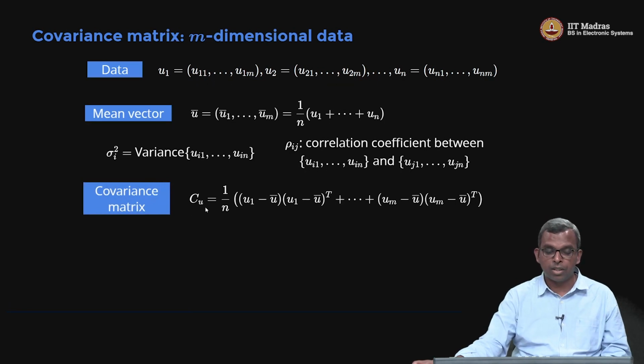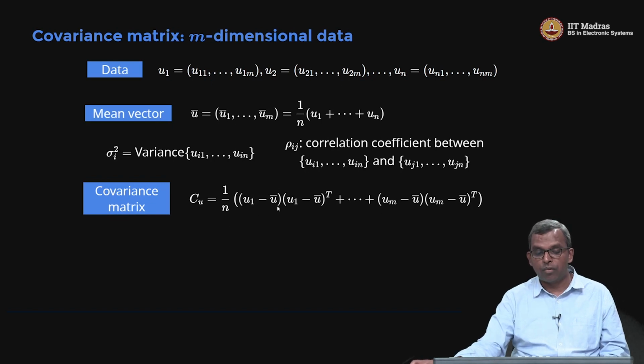The covariance matrix, which I am going to denote as Cu, okay, is going to be same as before, 1 by n times the sum of the centralized vector u1 minus u bar, think of it as a column vector, multiplied by u1 minus u bar transposed, which is a row vector, okay? So every term here is a column vector of length m multiplied by a row vector of length m.